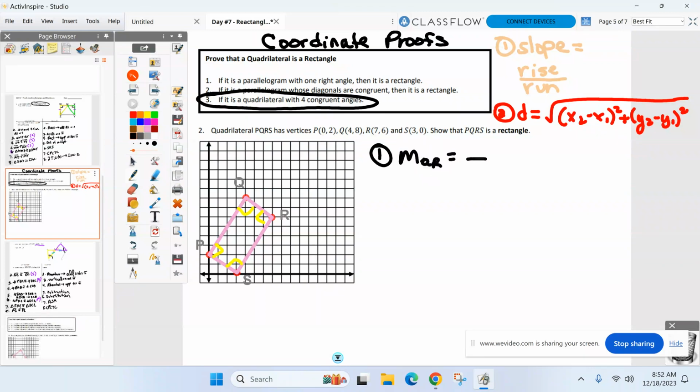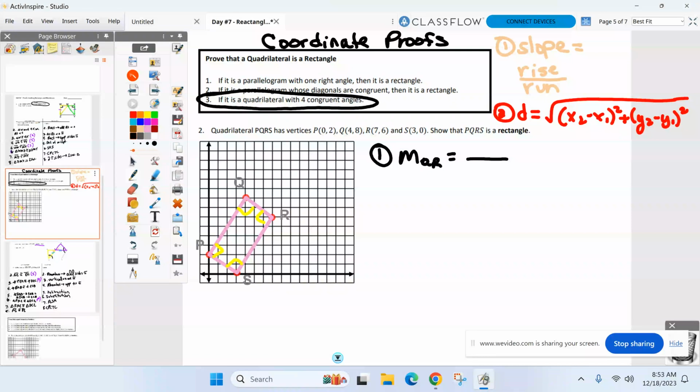Equals. You do rise over run now on the graph. You count from R to Q up and over how many? This is why I like this method a lot better than trying to do subtracting of Y's and X's. Up and over how many? What do you guys have? Up 2 over? Or down 2, it doesn't matter.